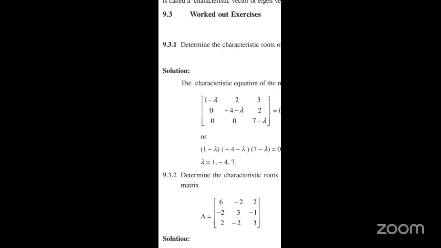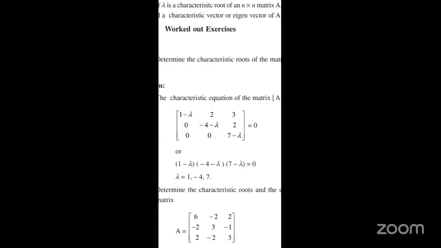First of all, you have to mention that det(A - λI), where I is the 3 by 3 identity matrix with rows 1 0 0, 0 1 0, 0 0 1. Replacing, the diagonal elements 1, -4, 7 become 1 - λ, -4 - λ, and 7 - λ on the principal diagonal.